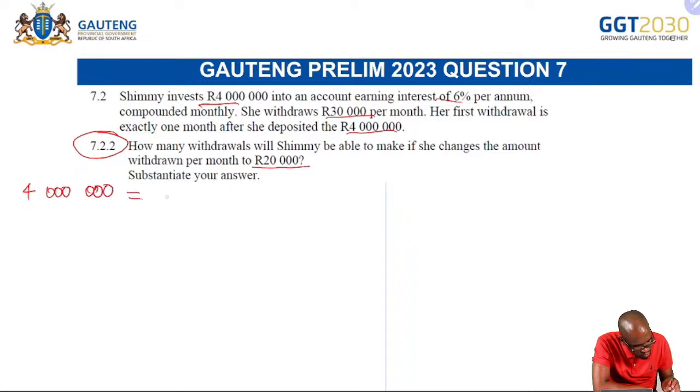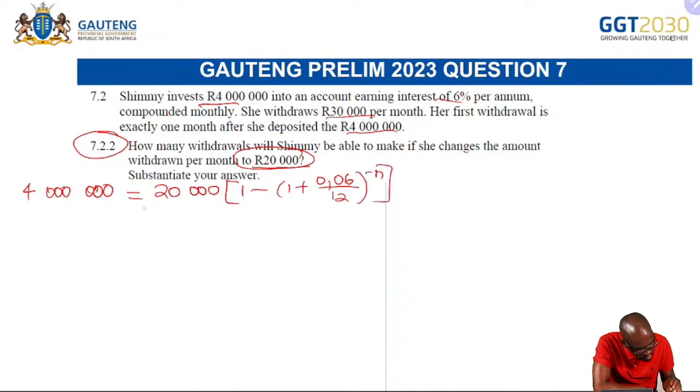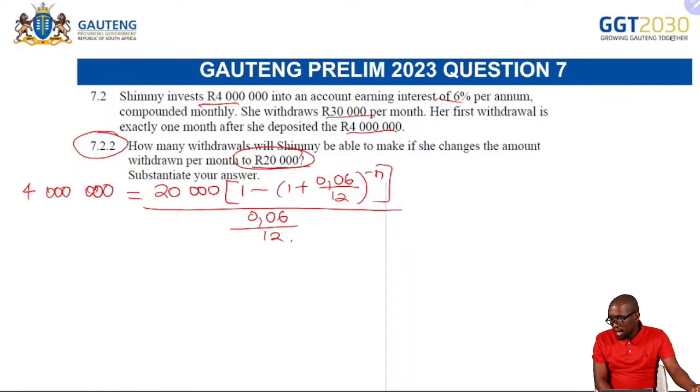This is equals to the withdrawals, now changed to 20,000, into 1 minus 1 plus the fractional interest rate, which is still the same, over, and then this becomes 0.06 over 12. So that's how we can work this out.